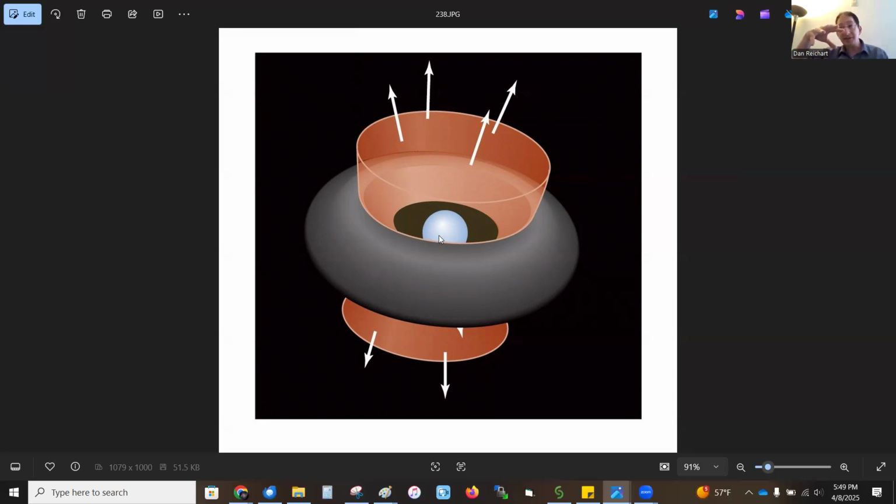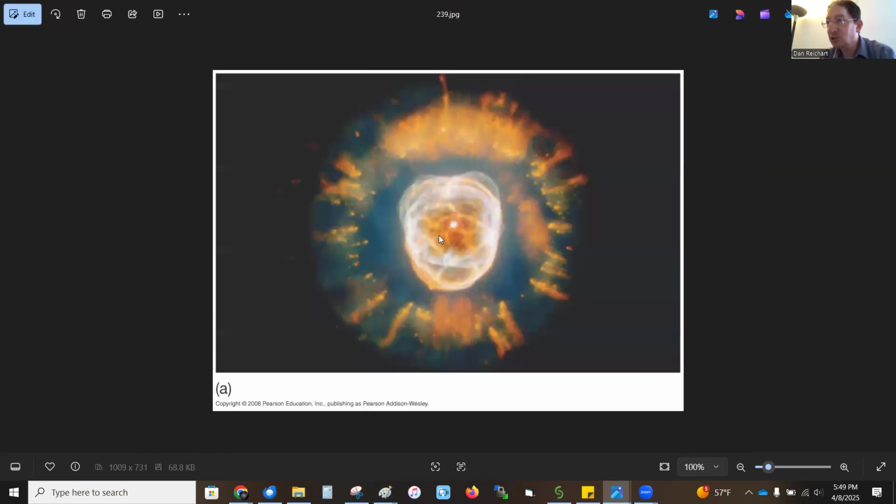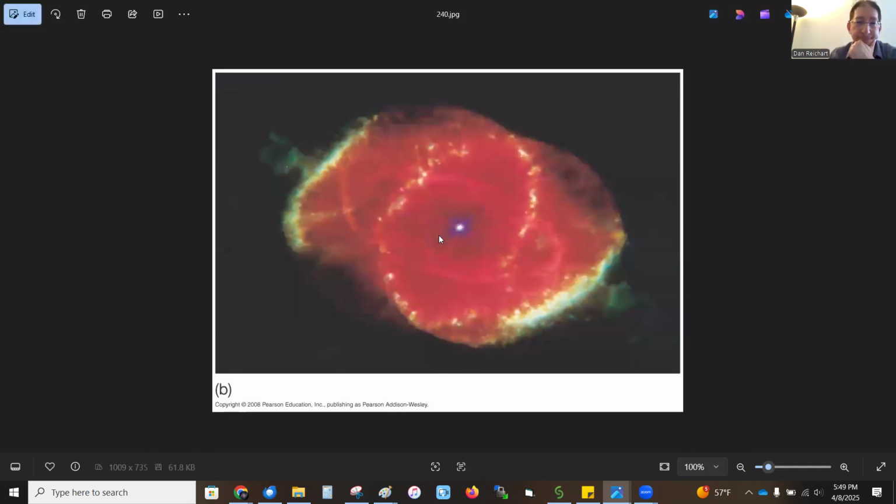And then on the next oscillation, you have a higher density on the poles, so it expands in the equatorial plane. And then eventually you have the final expansion, you lose the material, but it can be constricted by gas one way or another. And so planetary nebulae can be quite interesting and intricate, such as this one right here, or this one.